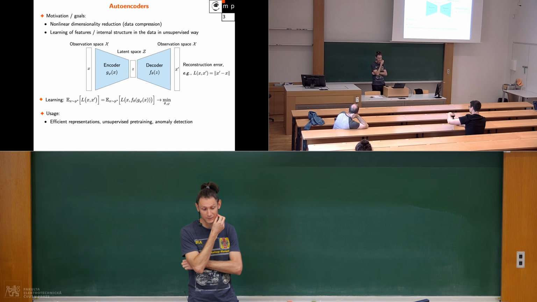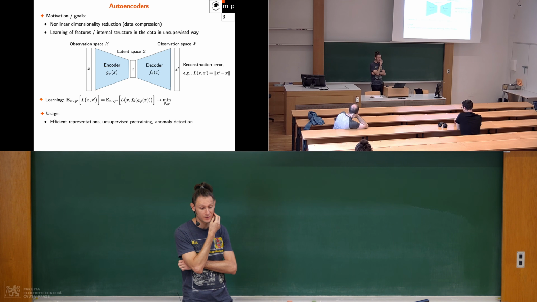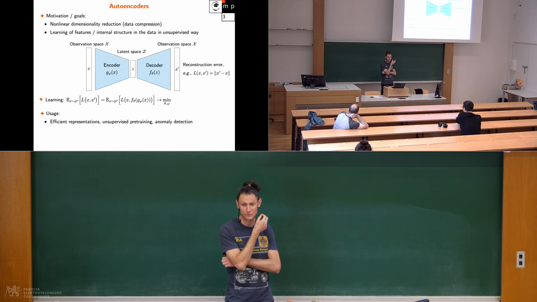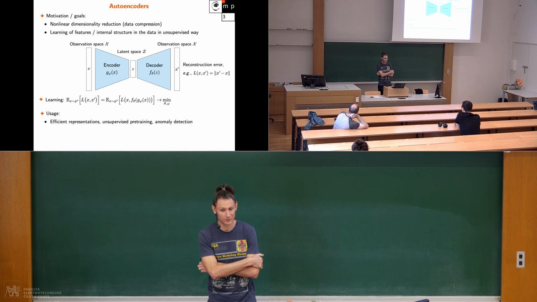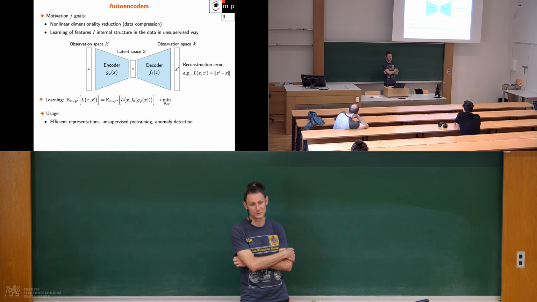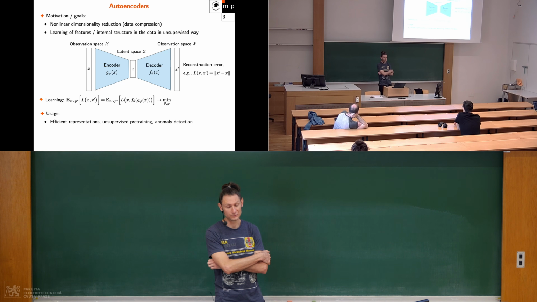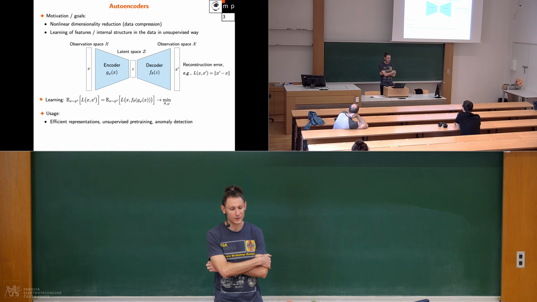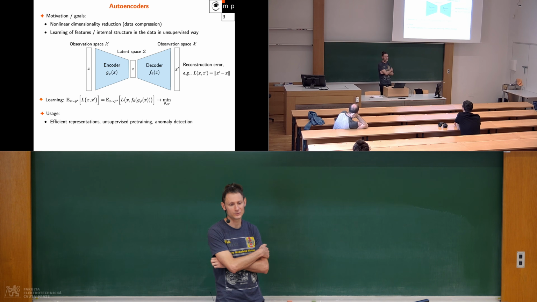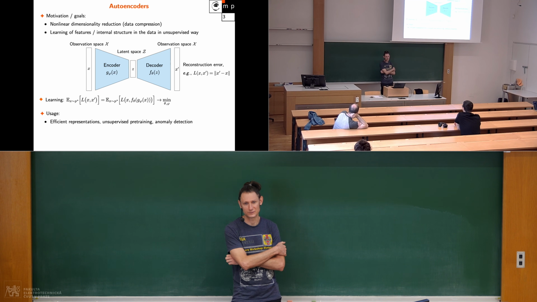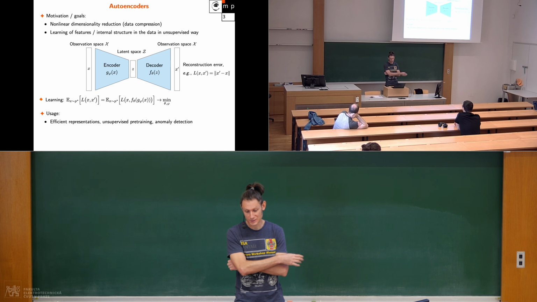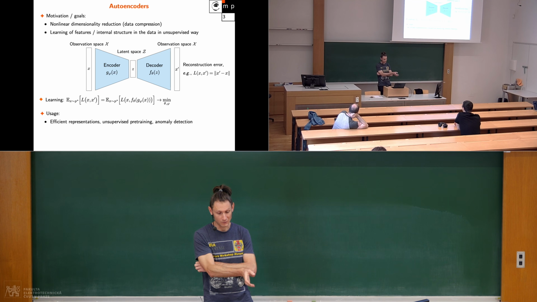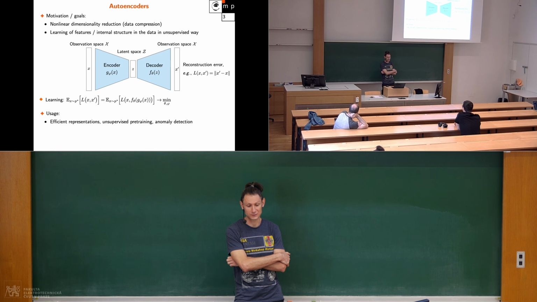So for autoencoders, the underlying motivation was: suppose you don't have any training labels, how can we learn from just a collection of images or a big collection of data? Now we have many tools, right? There are different options, like the self-supervised ones we discussed, but this developed earlier, and the idea was, okay, let's learn to compress the data.